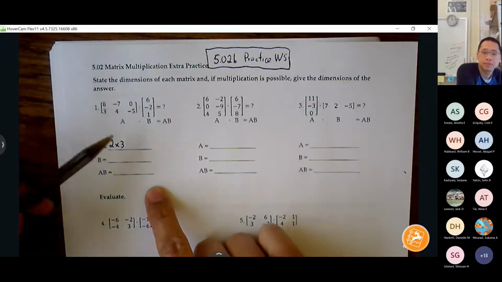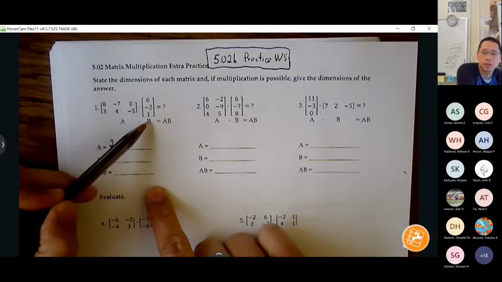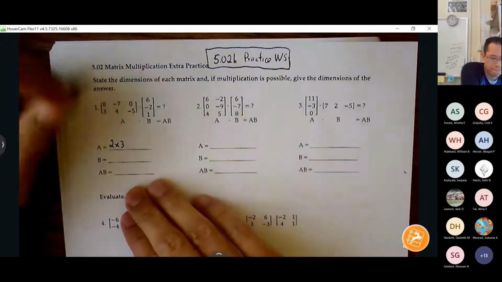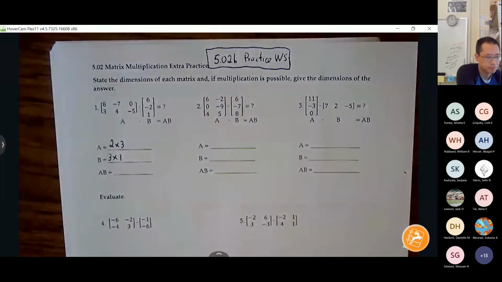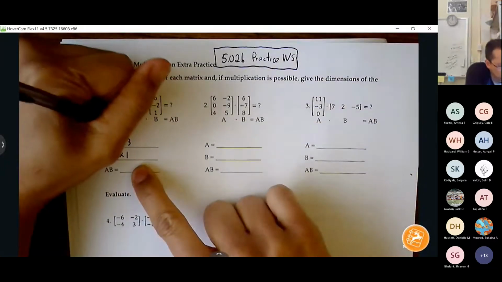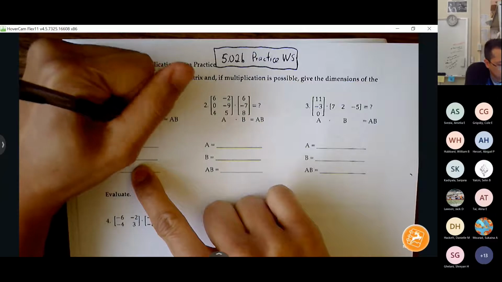Matrix B has 3 rows and 1 column, 3 by 1. If you want to put them side by side to see whether the inner dimensions match, you have a 2 by 3 matrix being multiplied with a 3 by 1 matrix.